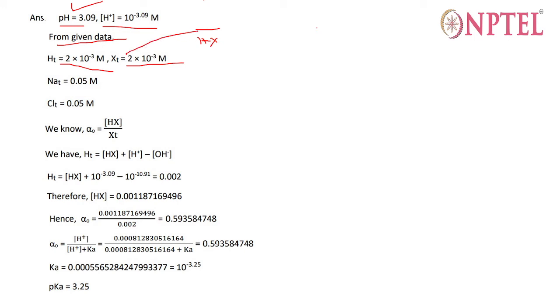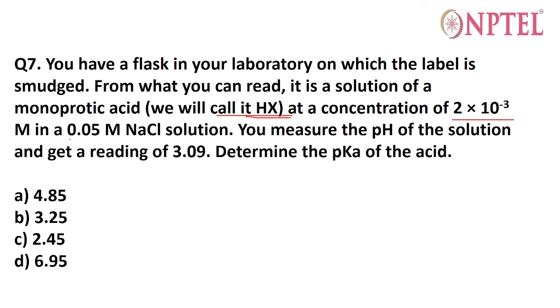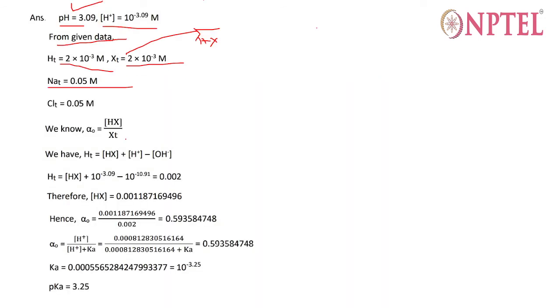That was nothing but 2 into 10 to the power minus 3 molar, right? Sodium concentration is also given here. Check, yeah, 0.05 molar. So I'll get 0.05 molar of Na plus and similarly 0.05 molar of Cl minus, because we are getting those from NaCl, right?